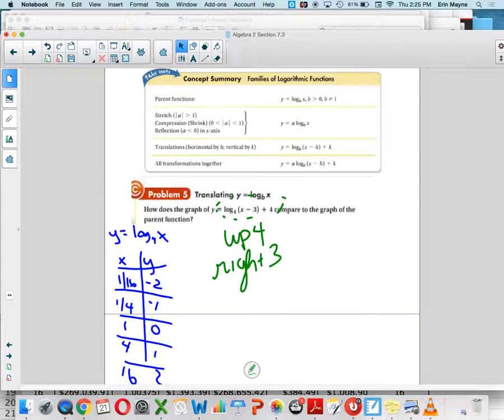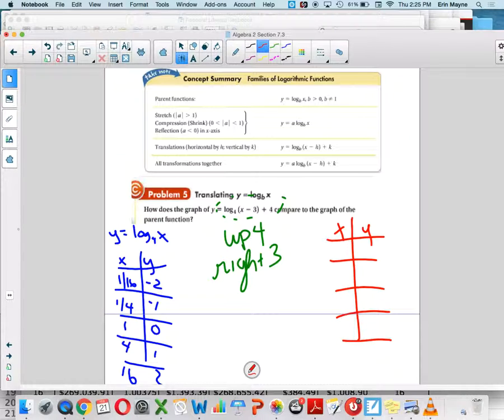Okay, now, before I graph anything, I think it helps to let your points undergo this process. If my -2 to 2 goes up 4, then -2 must be at what? -1 must be at what? 0 must be at 4. 1 must be at 5, and 2 must be at 6.